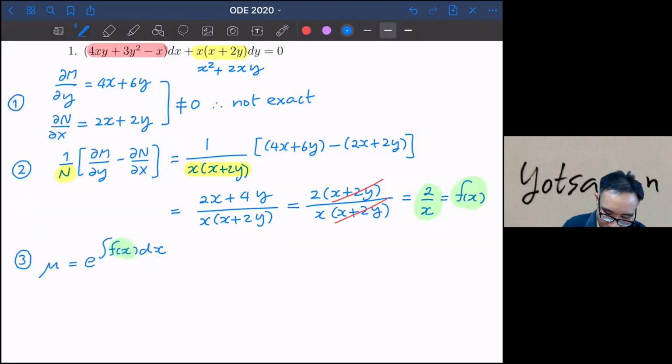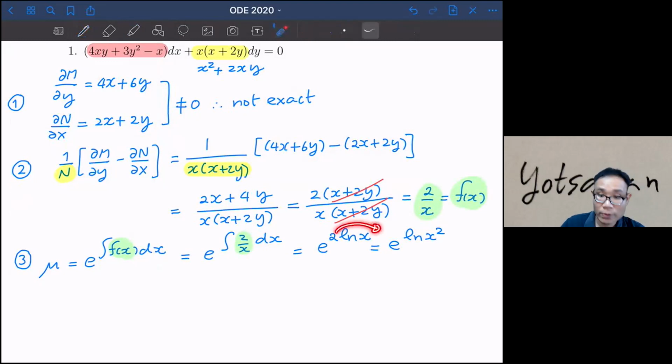So this will be just e to the integral of 2 over x dx. The integral of 2 over x is going to be 2 log x, and this one is going to be e to the log x squared. This is how we have the square here.